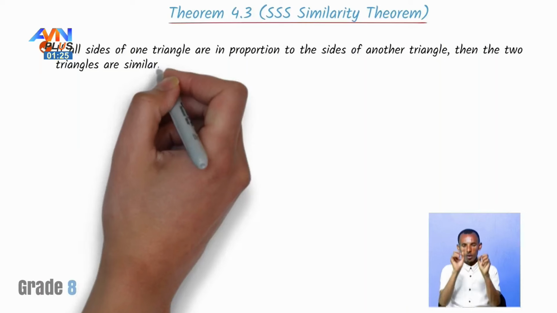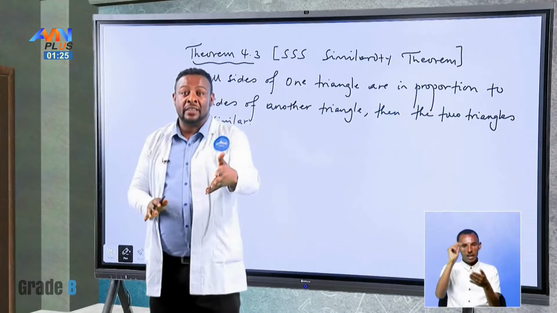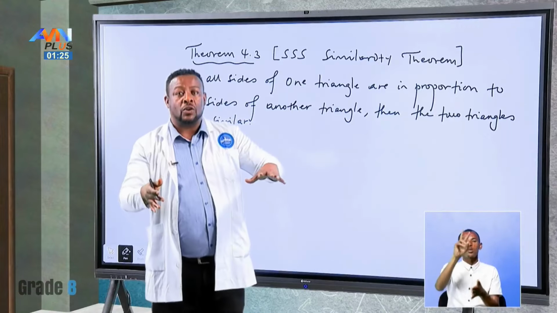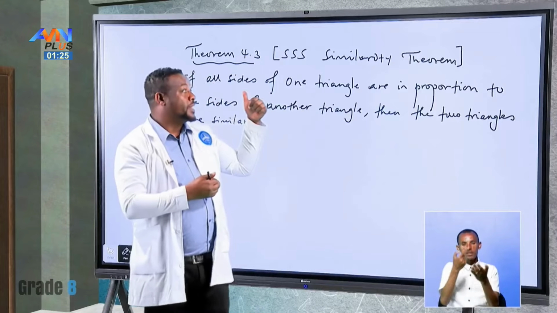Okay, so shortly, this theorem is saying that any two triangles are similar if this condition is satisfied.